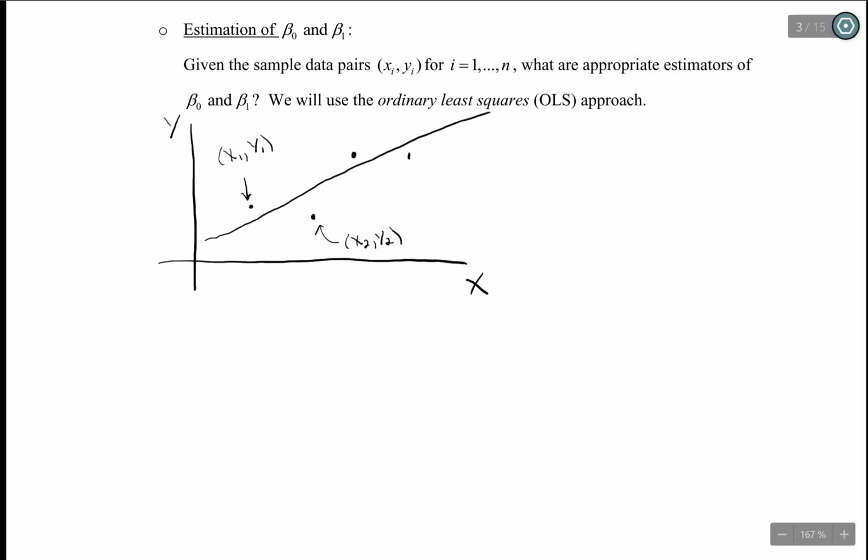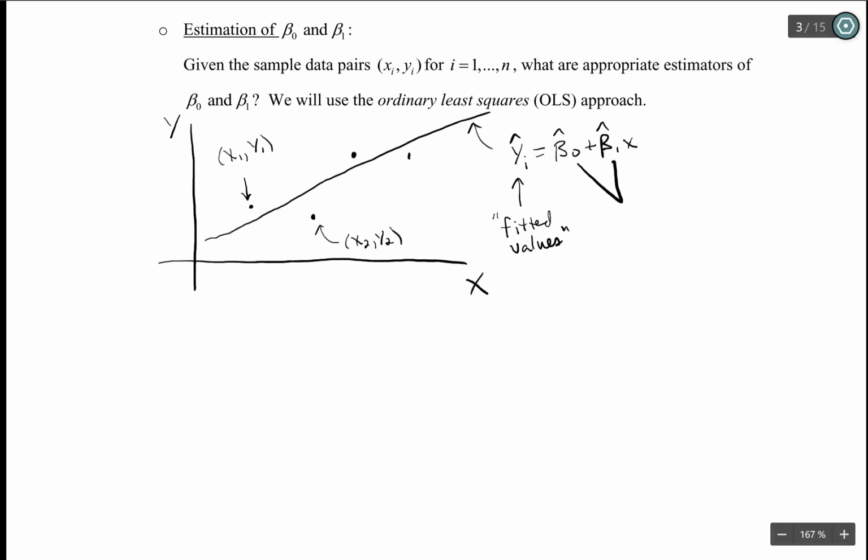The equation for this line is going to be given by y hat. We're going to call these the y hat values, or the line there, the fitted values. That's the name for it. It's the fitted values of the response that's given by the line.